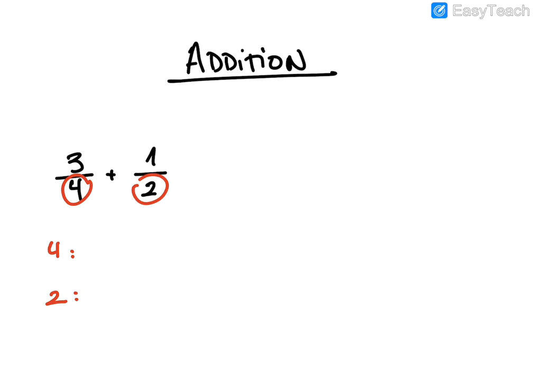The multiples of 4: if we multiply 4 by 1 is 4, by 2 is 8, and so on. And for 2: 2, 4, 6, and so on. So the minimum one in common is 4. So we are going to write a number 4 on these new fractions.